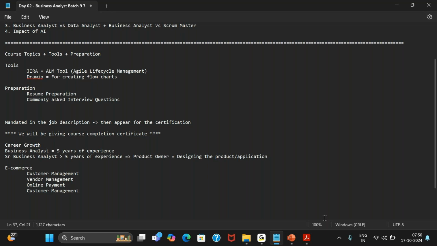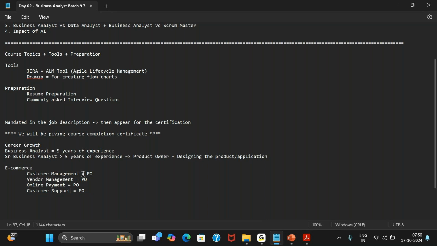Okay? So for these multiple smaller applications, everyone will have a product owner. There will be a PO sitting over here, a PO sitting here, a PO sitting here, and there will be one for customer support as well.